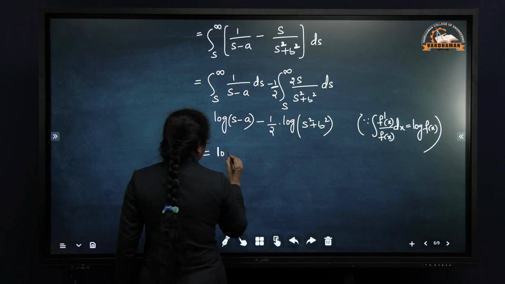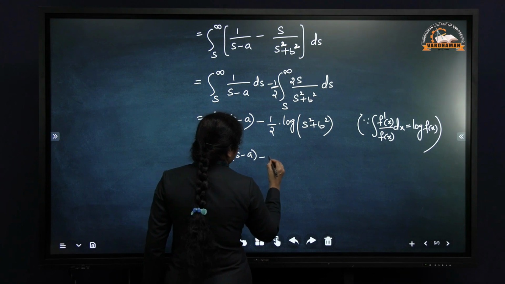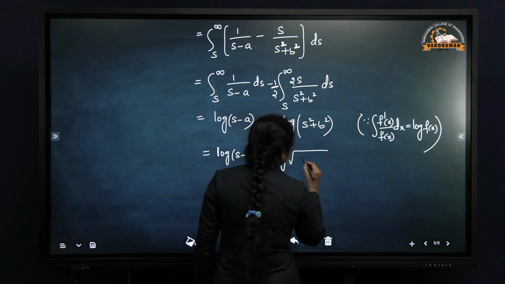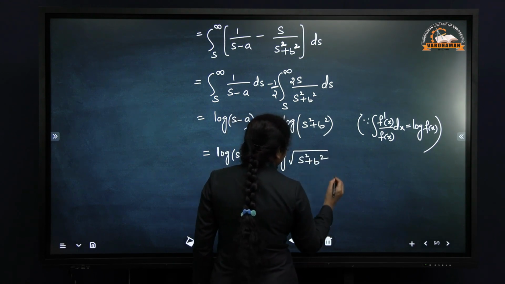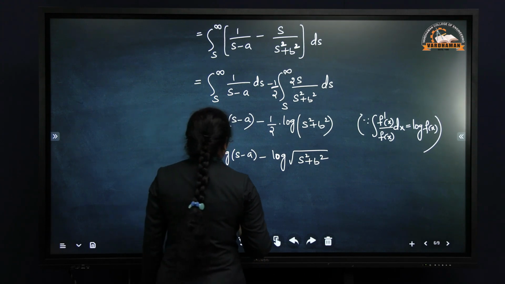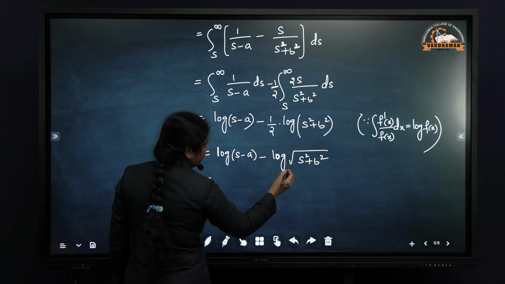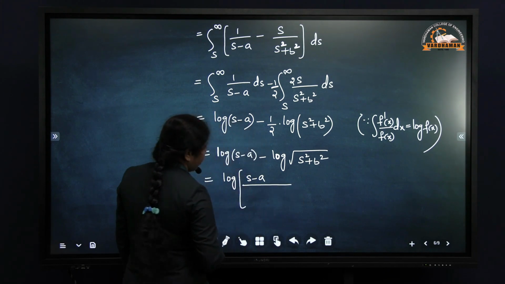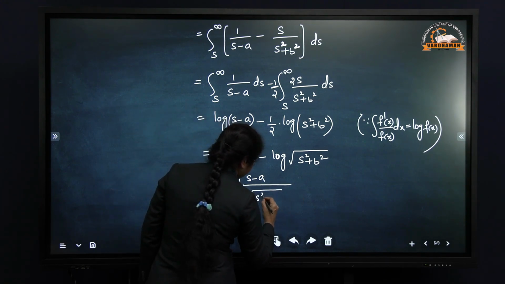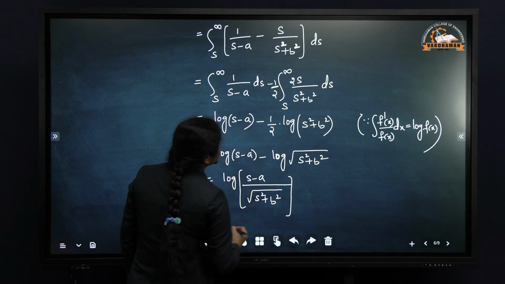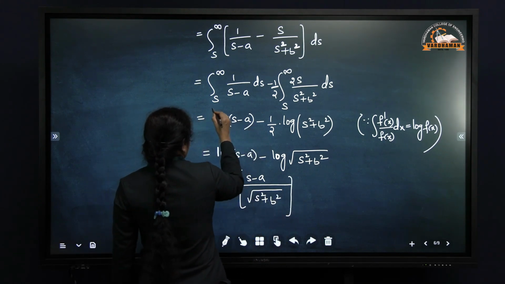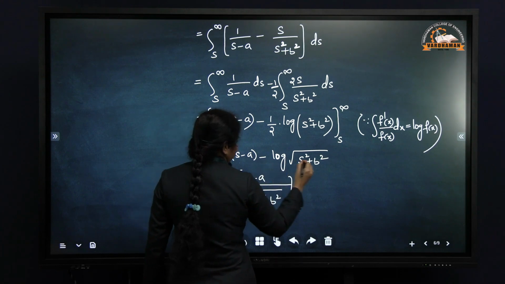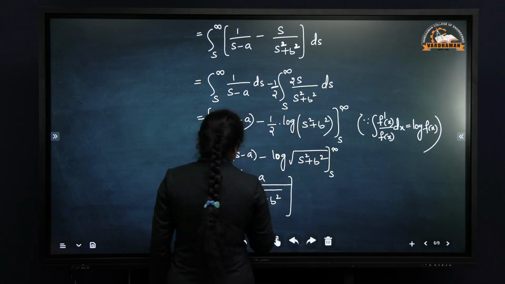Again this expression can be written as log s minus a minus 1 by 2 into log of s square plus b square, which can be written as log of the square root of s square plus b square. So log m minus log n is log m by n, which gives log of s minus a by the square root of s square plus b square, and here take the limits from s to infinity for all the terms.